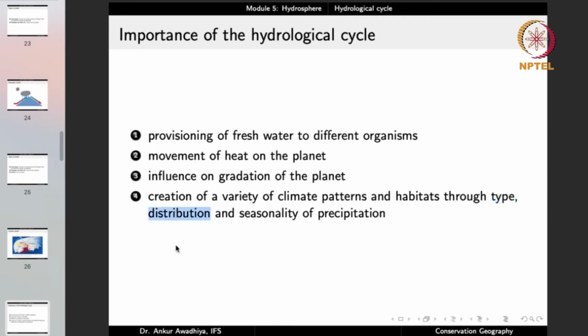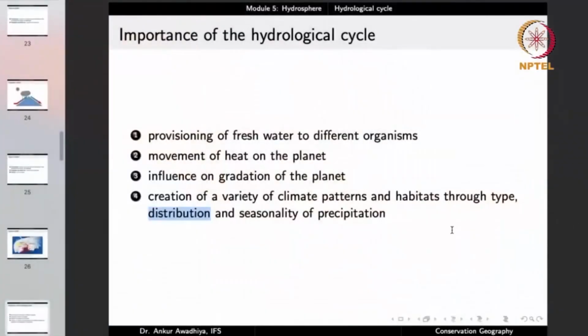Distribution, that is which places get this rainfall and in what amount. So certain areas that have a very heavy amount of rainfall will have a very different climate. Say tropical forests or equatorial rainforests, they get a heavy amount of rainfall. And those areas that get a very scanty amount of rainfall, they become deserts.